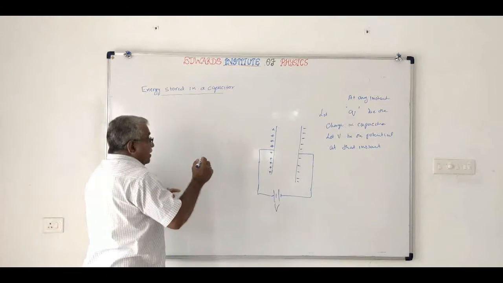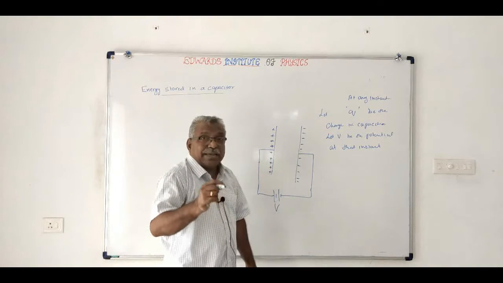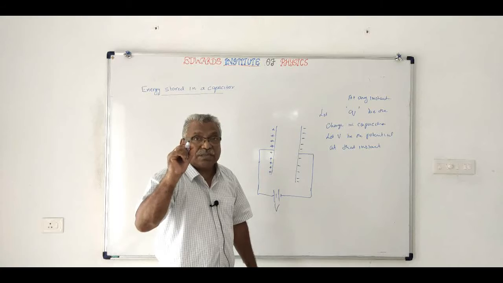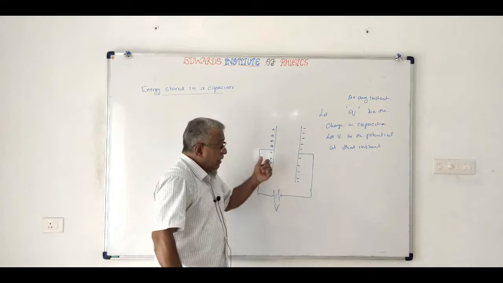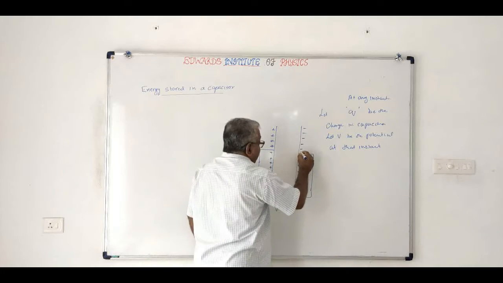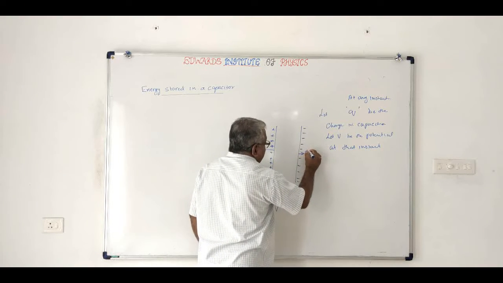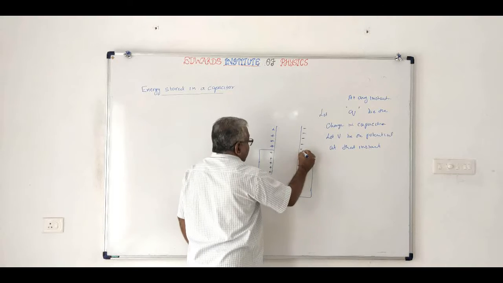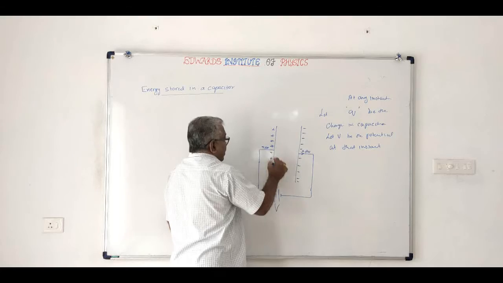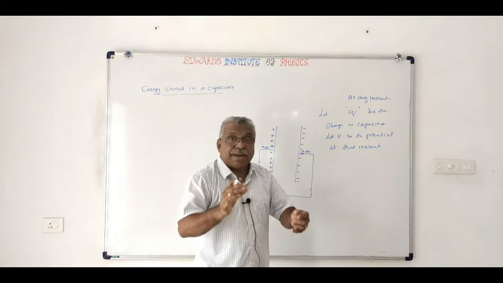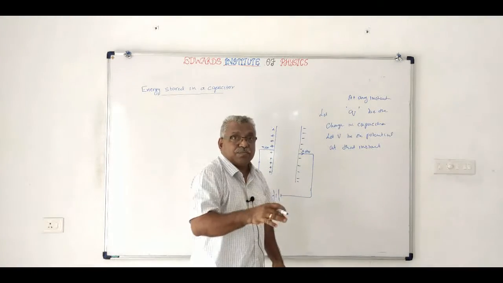Now, at that moment, I am transferring a small charge dq from here to here. Q is the charge, now I am adding a small charge dq.